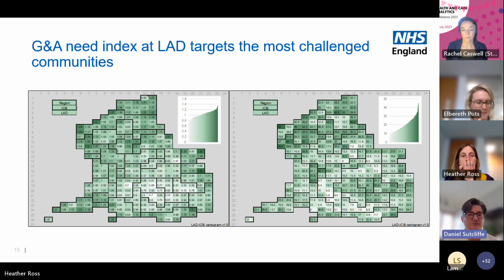So again, kind of what you might expect, and this is part of our engagement process to show the geographical variation and the impact the model has in relation to what we'd expect to be in the community. And I think that's it from me.